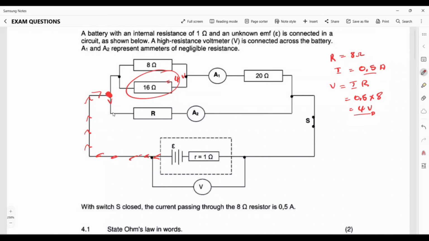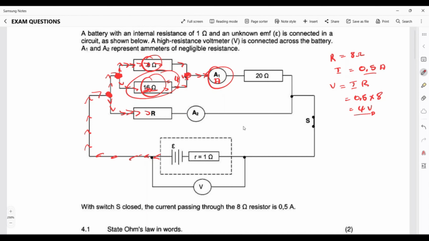The other current goes that way, and then I still have another branch. Some of the current will move this way, and some will move through the 16 ohms, and then they meet again. When they meet, they contribute to A1. So A1 is the sum of the current passing through the 8 ohm and the 16 ohm. I hope that makes sense.